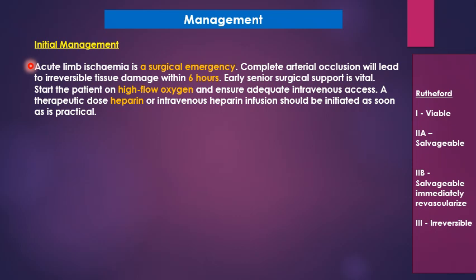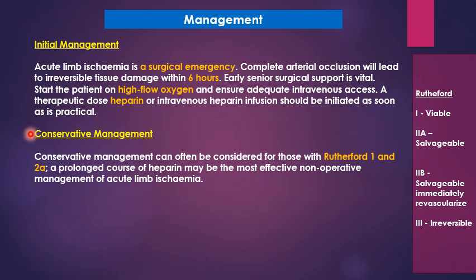So early senior surgical support is very vital. So this patient should be started on high oxygen flow and ensure adequate venous access. This is very important. Hydrate them well. A therapeutic dose of heparin or an intravenous heparin infusion should also be initiated as soon as possible. So it's a surgical emergency, must be tackled within hours, high flow oxygen, and also IV fluids as well as heparin infusion.